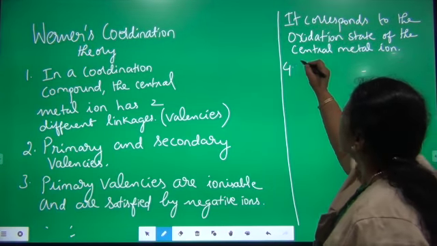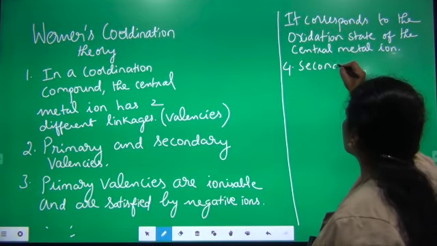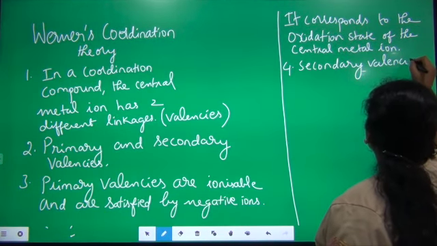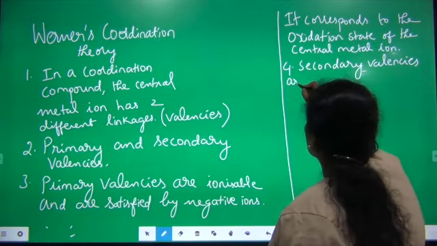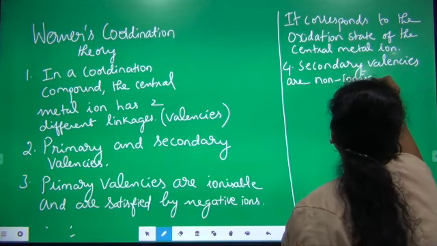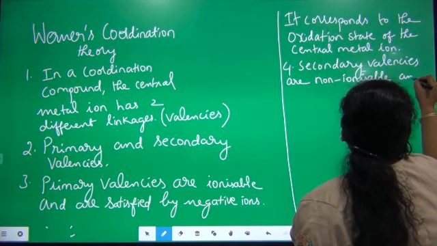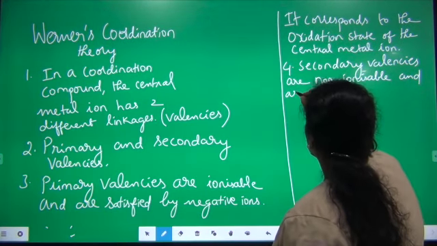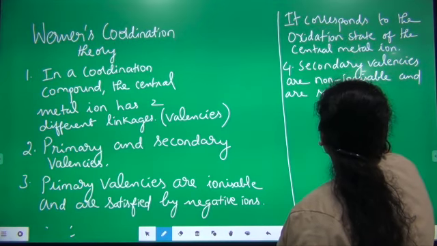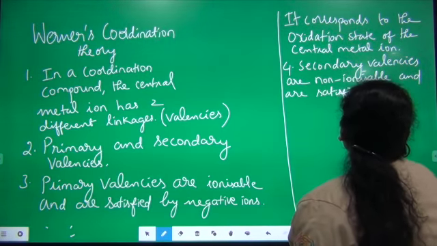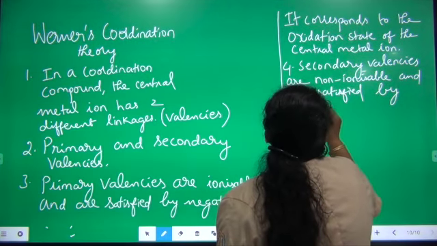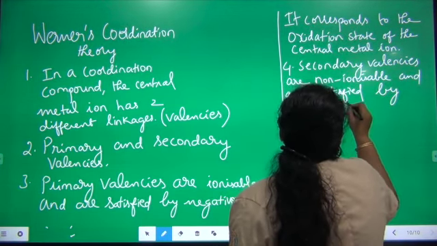Fourth point, secondary valencies are non-ionizable and are satisfied by negative or neutral ligands.